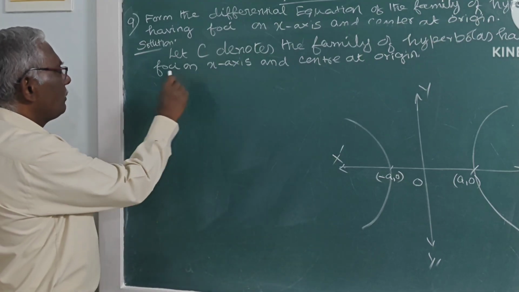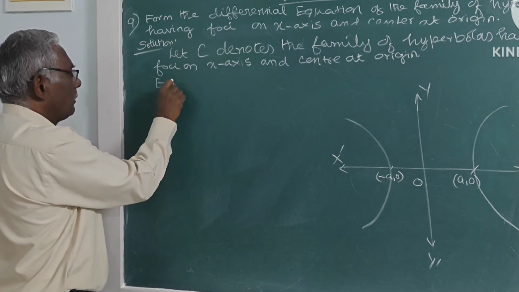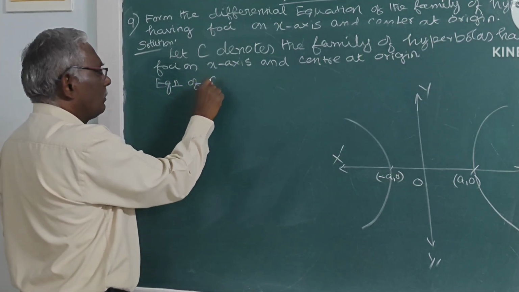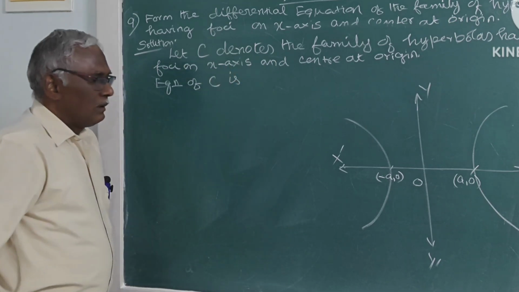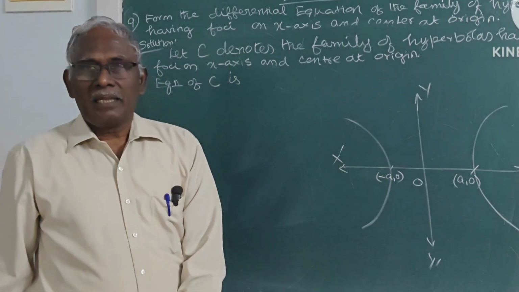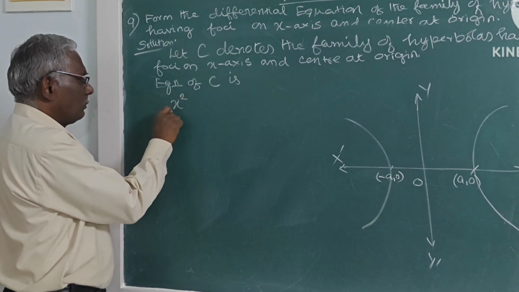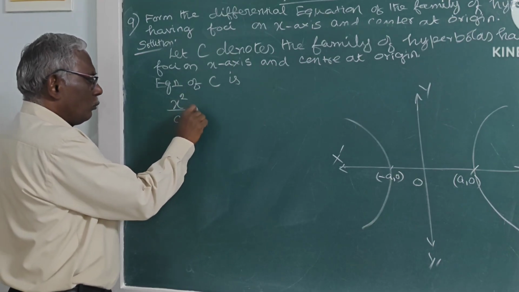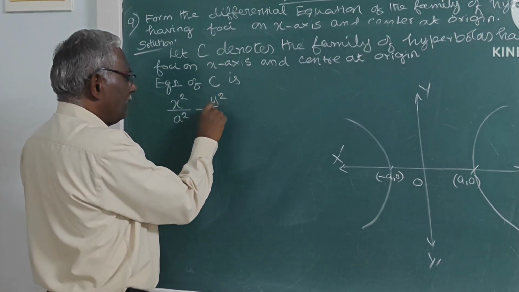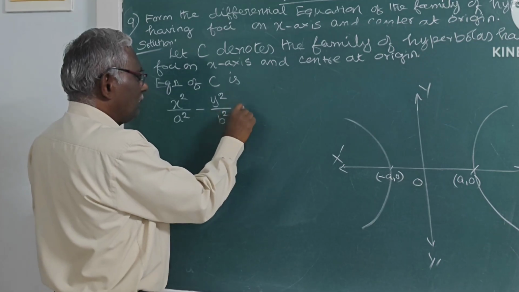So equation of C is, because foci is on x-axis, it will be x square by a square minus y square by b square is equal to 1.